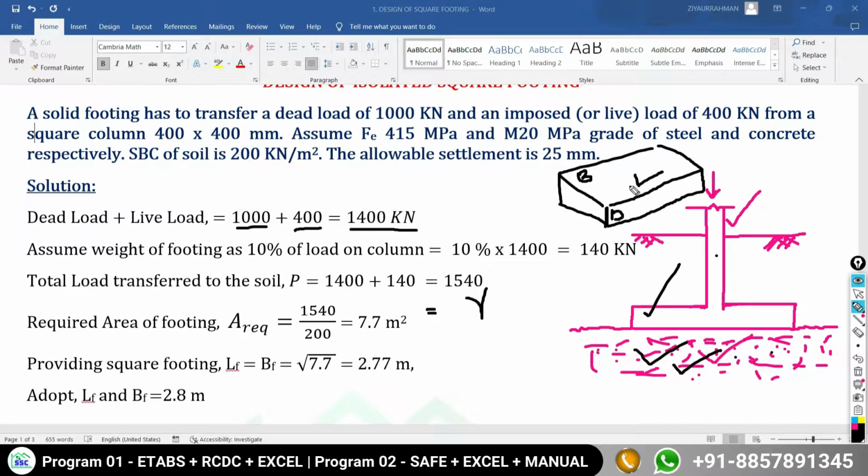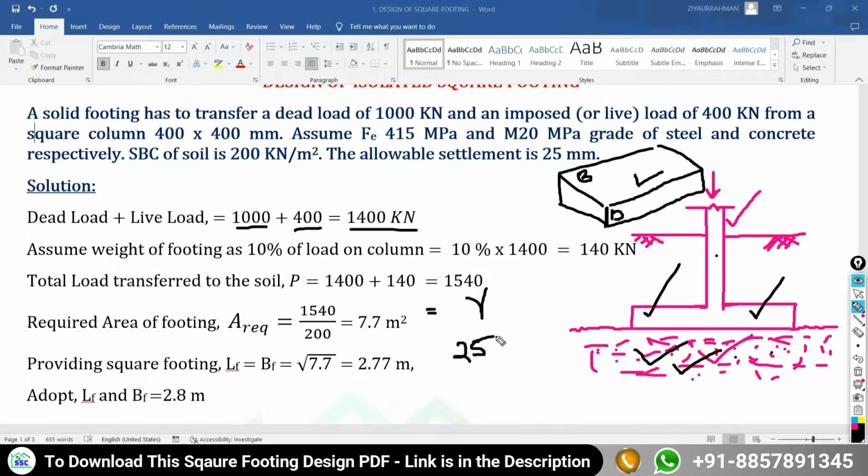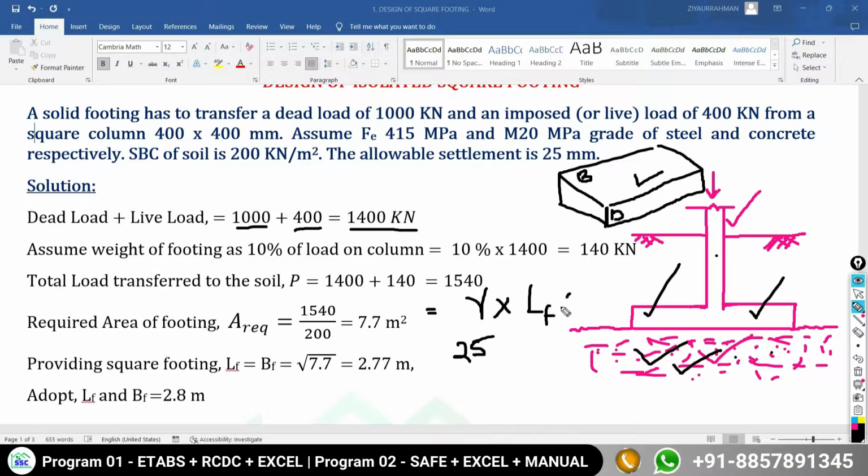This box may be of wood, steel or any material, but here it is an RCC footing, so we need the density of RCC. We know the density of concrete is 25 kN per meter cube, multiplied by the length, the width and the depth of the footing. So these three dimensions we need to have.